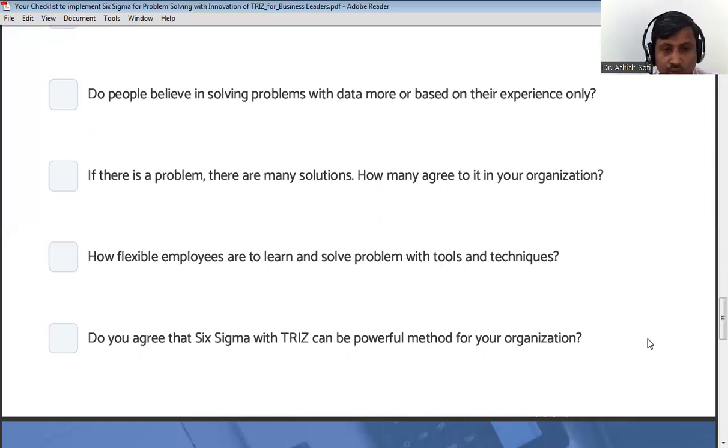You can use the solutions or case studies of Six Sigma from other organizations, include TRIZ in them, and try to solve your problem. For example, maybe you are trying to solve a problem of productivity.